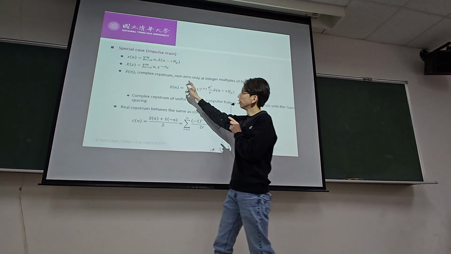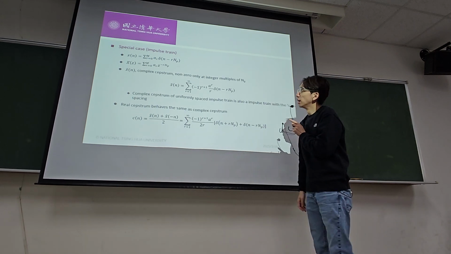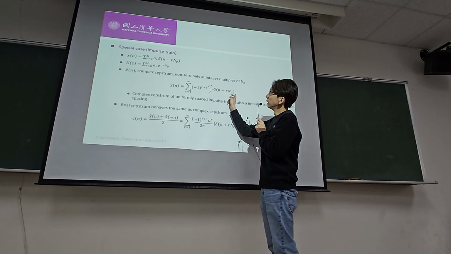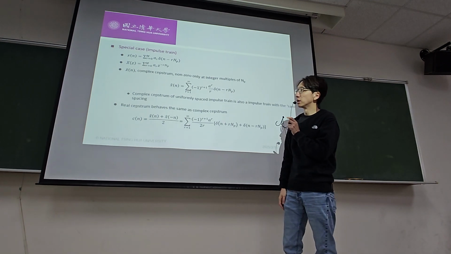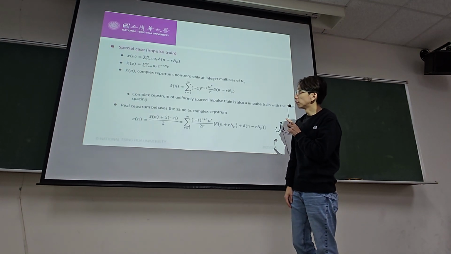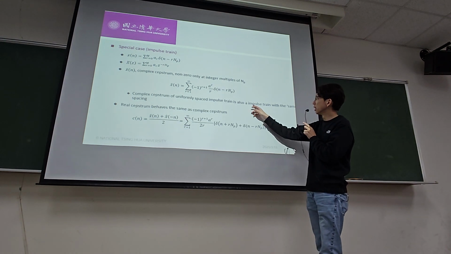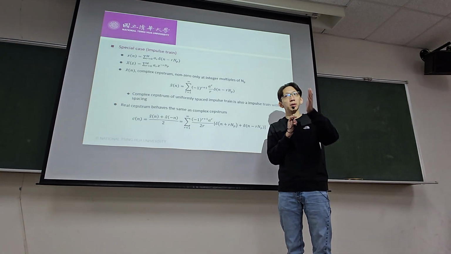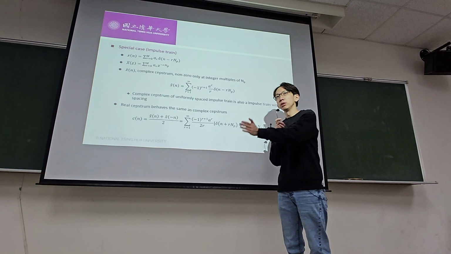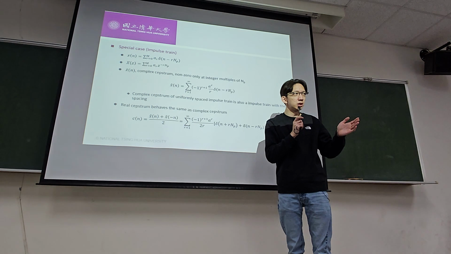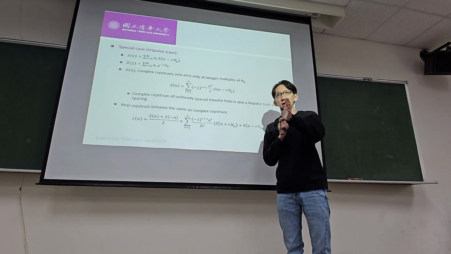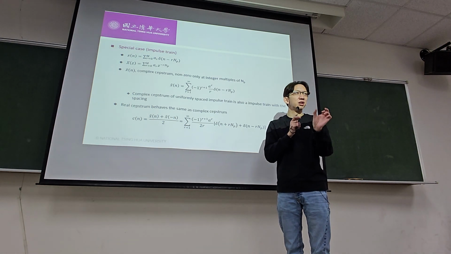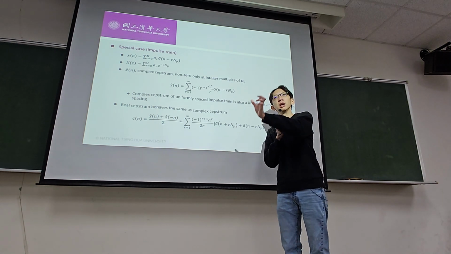So if your original signal is periodic, because it has this period of np, in the complex cepstrum you also have the same period. So the complex cepstrum of a uniformly spaced impulse train is also an impulse train with the same spacing. It should make sense, because what you're doing is taking a transform, taking a log, and taking another transform. It comes back to a domain that looks like time but is not time, because you're taking a log in between, doing the inverse transform.